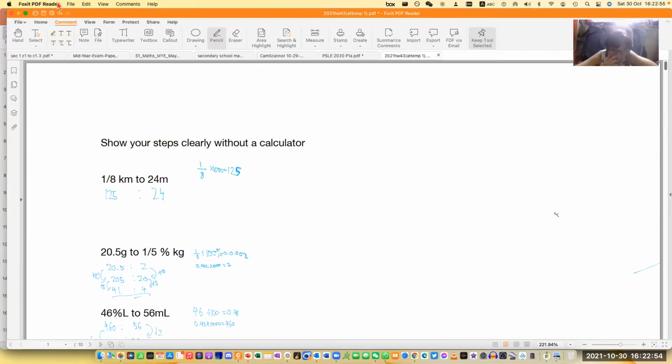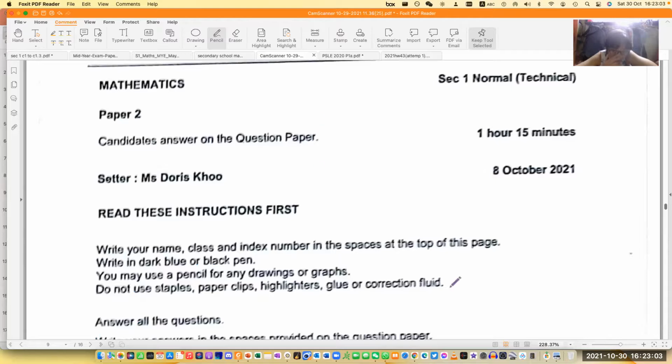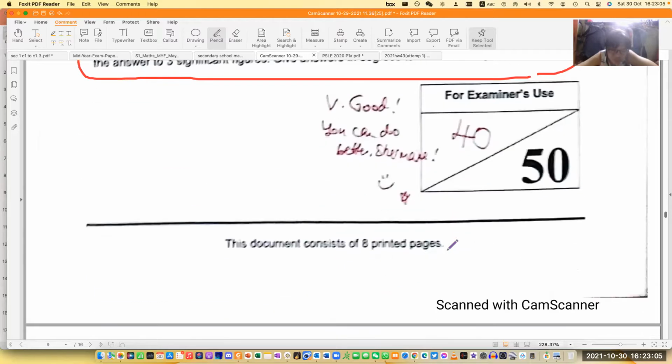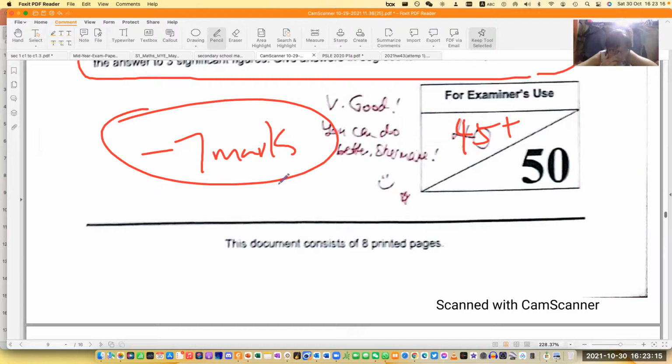Okay, so the summary for today, based on your paper 1, paper 2. So paper 2, you can actually score 45 and above, because I see that you lost 7 marks because you never read the question. People ask you to round to 10, you go and round I don't know what.